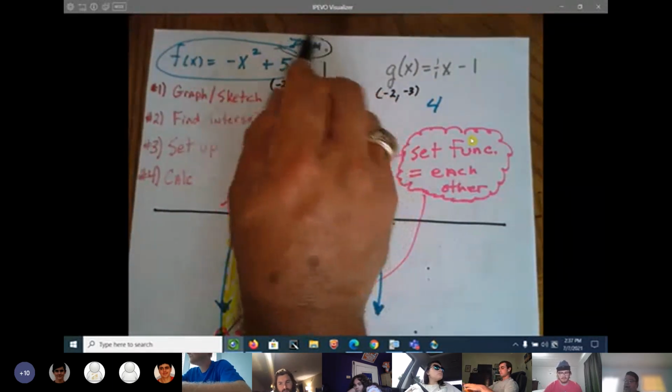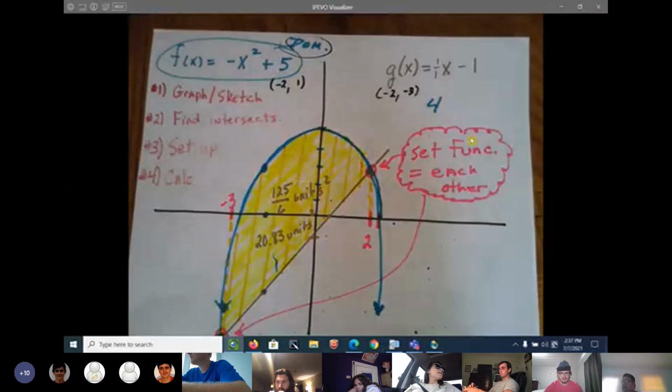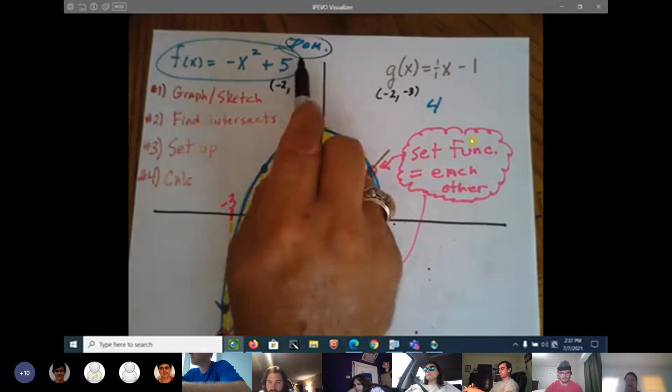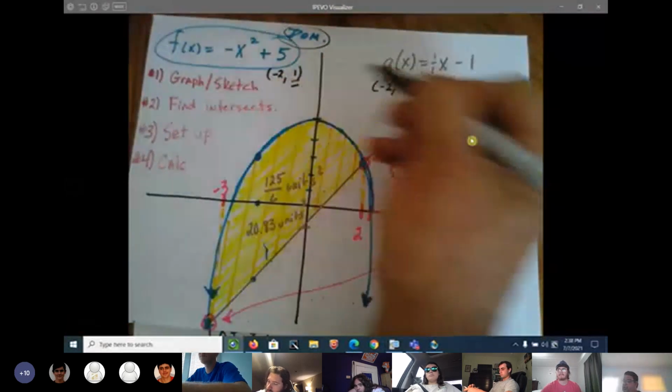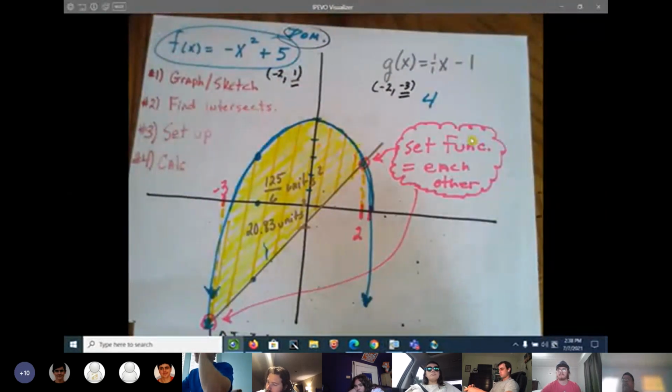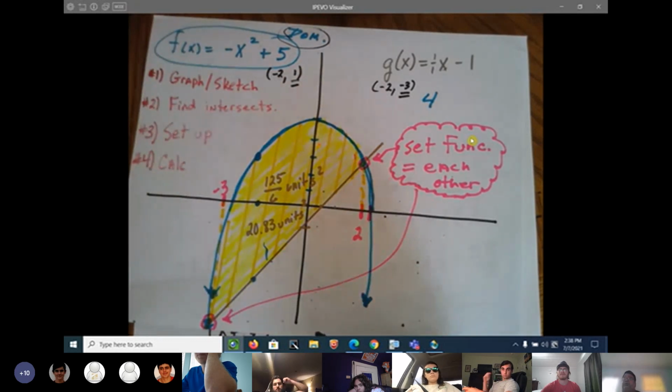So I call it dominant, okay? Now some of y'all might think that's offensive. I don't know what you want to call it, I don't really care, all right? I'm calling it dominant because it gives you the higher value in your region for y. If you want to call it stronger or fancier, whatever word you want to use.